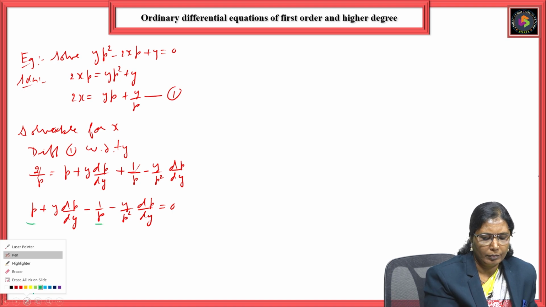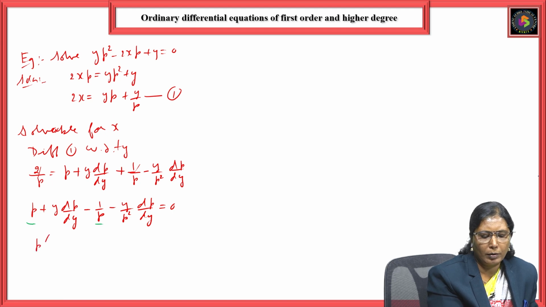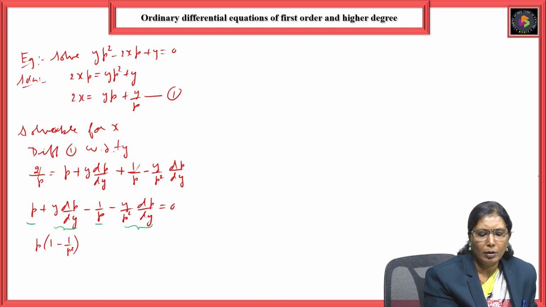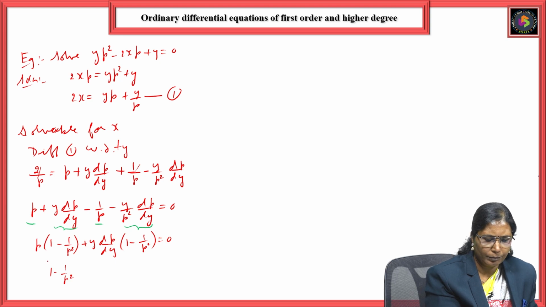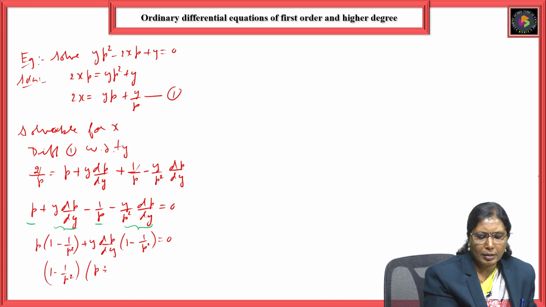So what do you get? (1 - 1/p²)(p + y dp/dy) = 0.